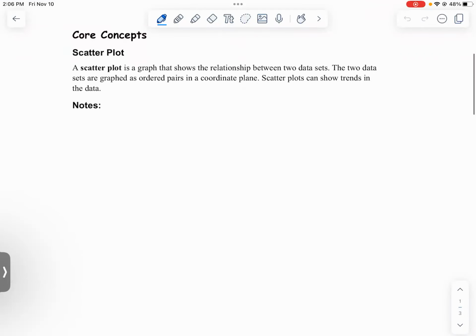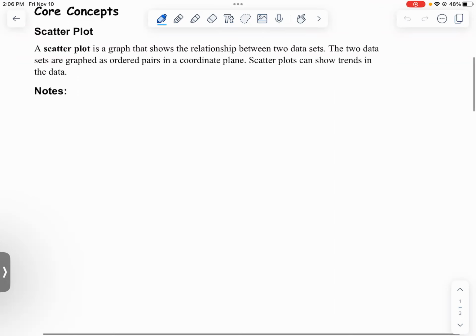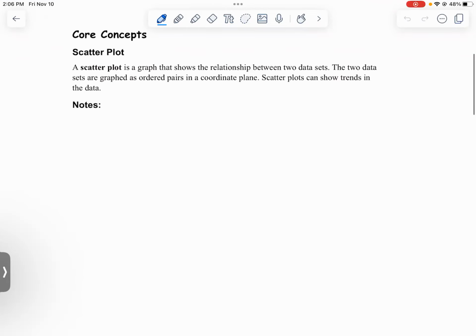All right, so a scatter plot is a graph that shows the relationship between two sets of data. Okay, that's what it is. Scatter plots show us trends in data. Sometimes we have linear relationships, but it's not a perfectly straight line, right?